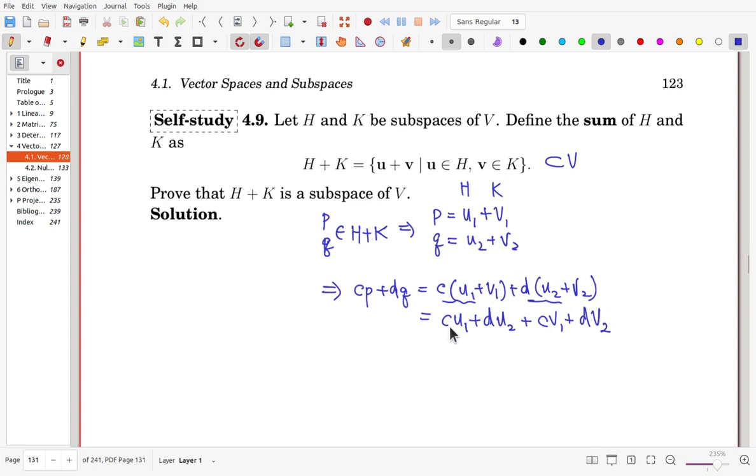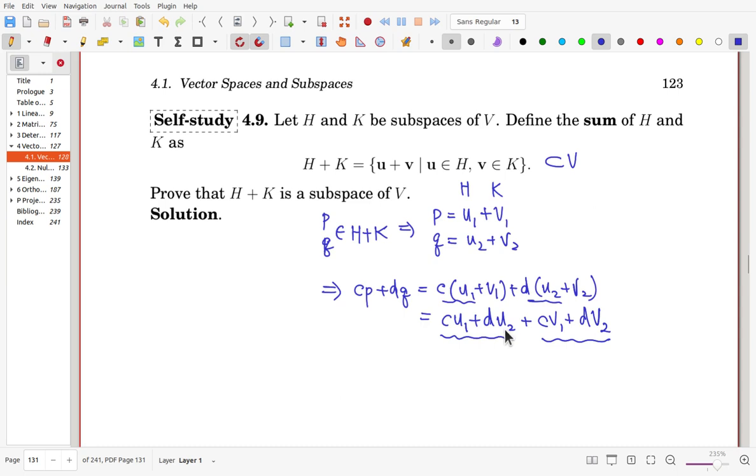Now U1, U2 are in H and so is their linear combination. V1, V2 are in K and so is their linear combination. From the beginning, we assumed that H and K are subspaces, which means they are closed under linear combinations.